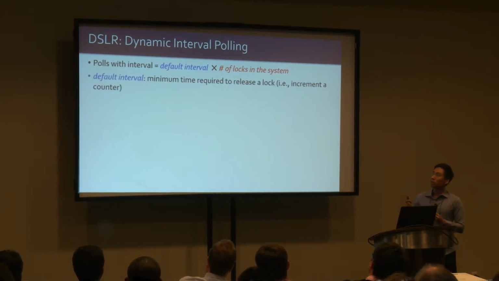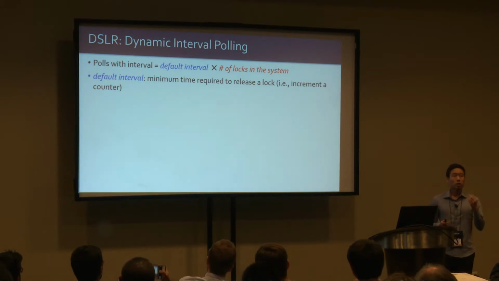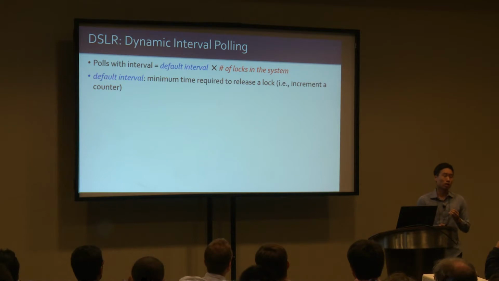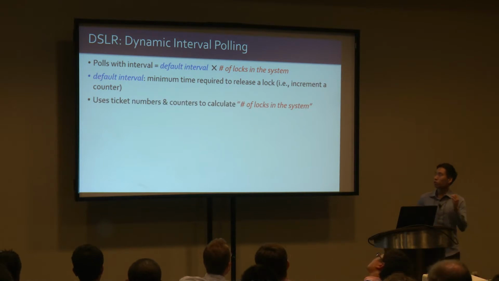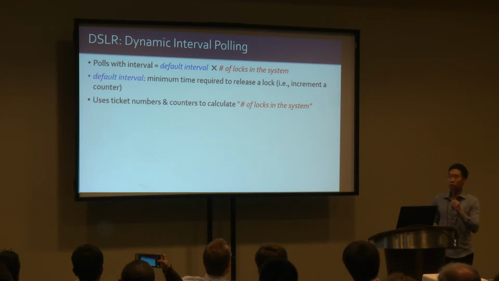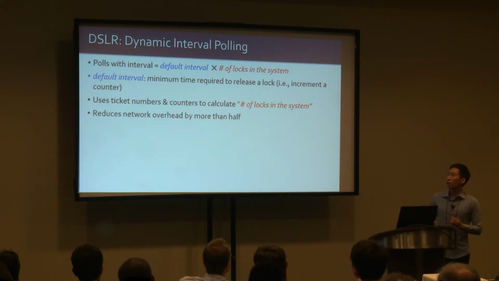This default interval value can be tuned, but a systematic way of setting this value is the minimum time required to release a lock, which is basically the latency of a single RDMA atomic operation in the system. DSLR uses the ticket numbers and also counter values to calculate the number of locks in the system, and our experiments have shown that it reduces the network overhead by more than half.